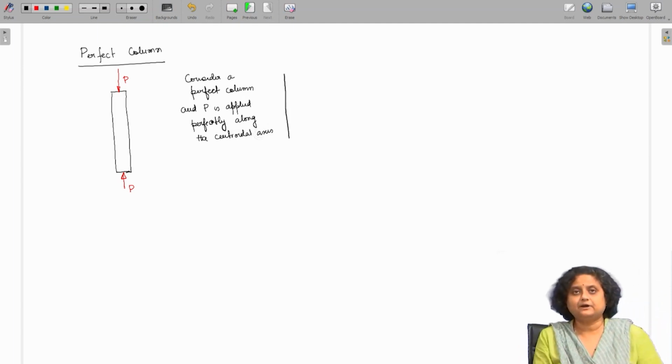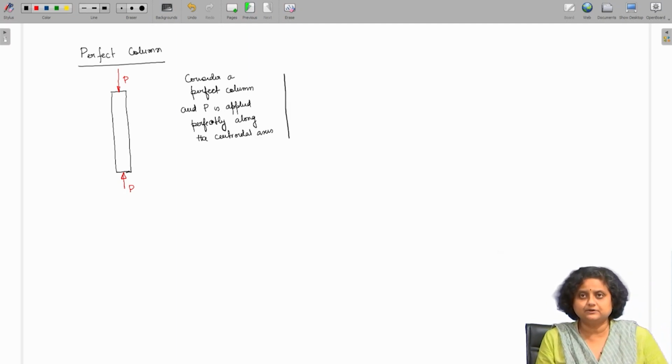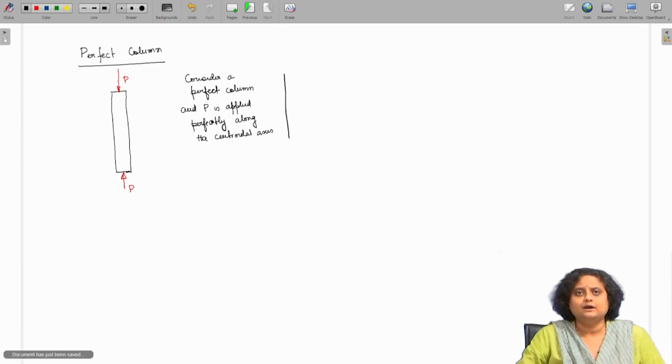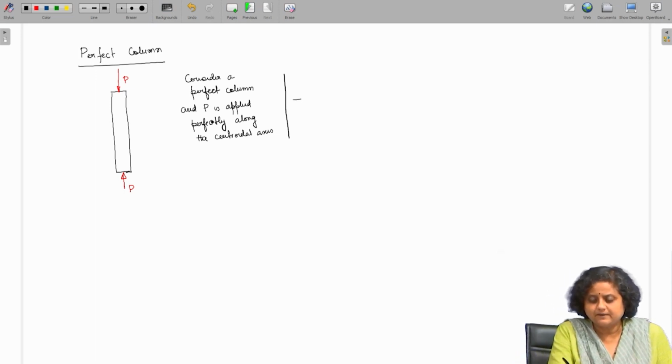Now, if we have such a hypothetical or theoretical situation where we have a perfect column, there is no form of inhomogeneity or heterogeneity in the column or any asymmetry in the manufacturing of the column, and the load P, the axial compressive load, is applied perfectly through the centroidal axis. In this hypothetical case, buckling will not happen.